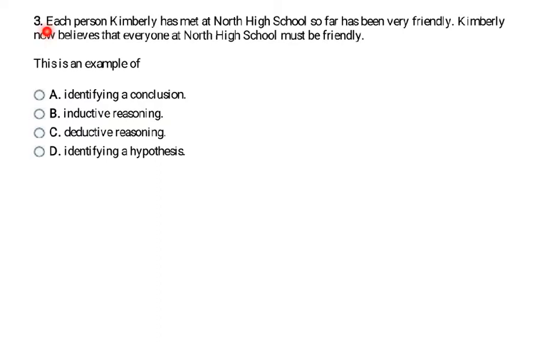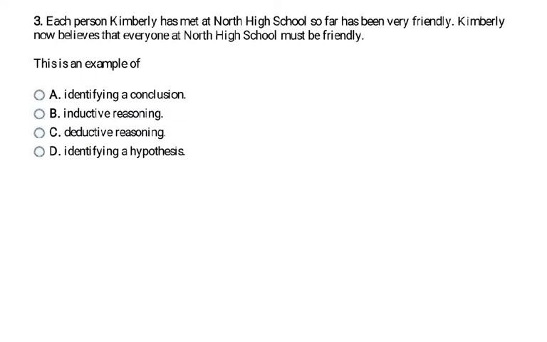This first example says, each person Kimberly has met at North High School so far has been very friendly. Kimberly now believes that everyone at North High School must be friendly. This is an example of, and we haven't gotten to conclusion and hypothesis yet, but it's going to be inductive or deductive reasoning.